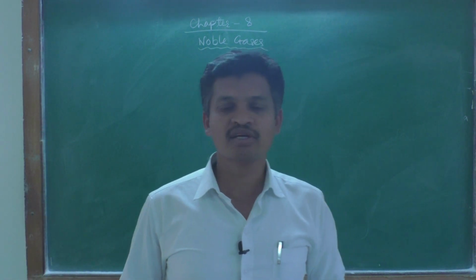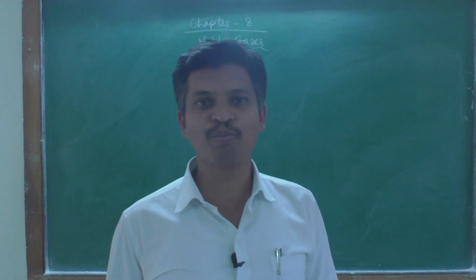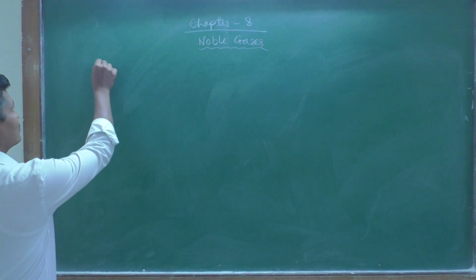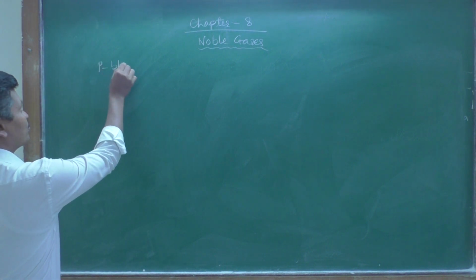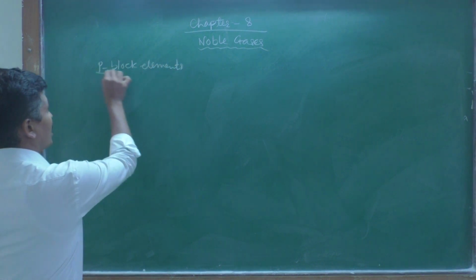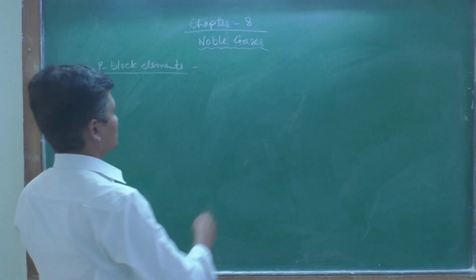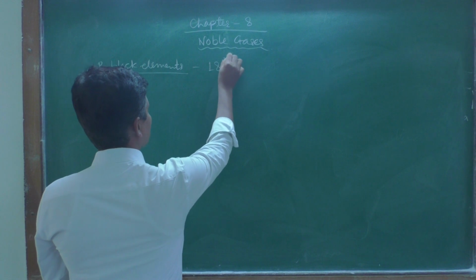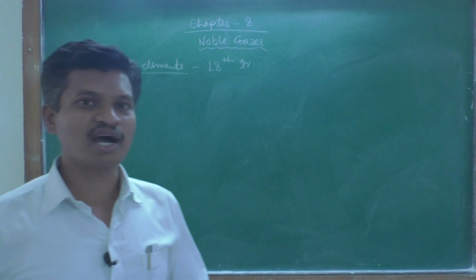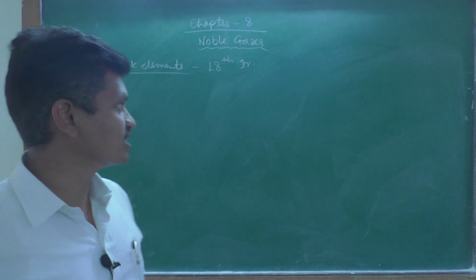We know that these noble gases are part of the P block elements. All noble gases are P block elements, and they belong to the 18th group of the modern periodic table.